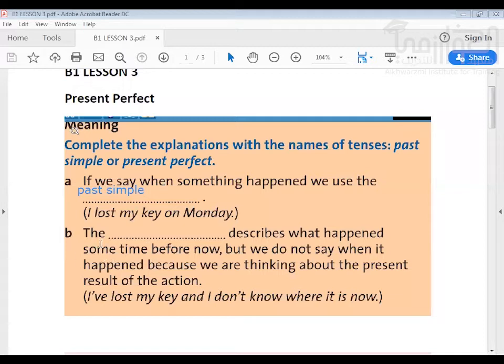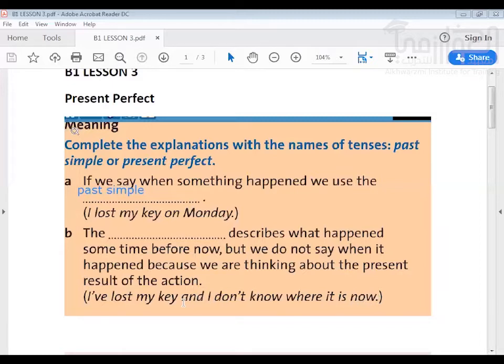And then the present perfect describes what happened some time before now, but we do not say when it happened. We don't say the time, no time, because we are thinking about the present result of the action, the effect, the tahthir of what happened. I've lost my key and I don't know where it is now.